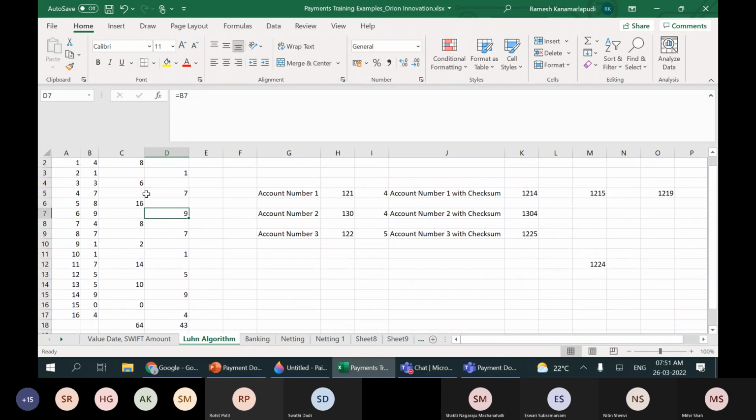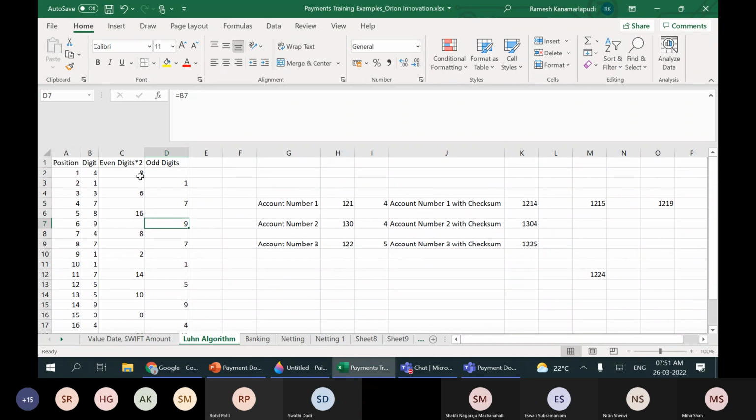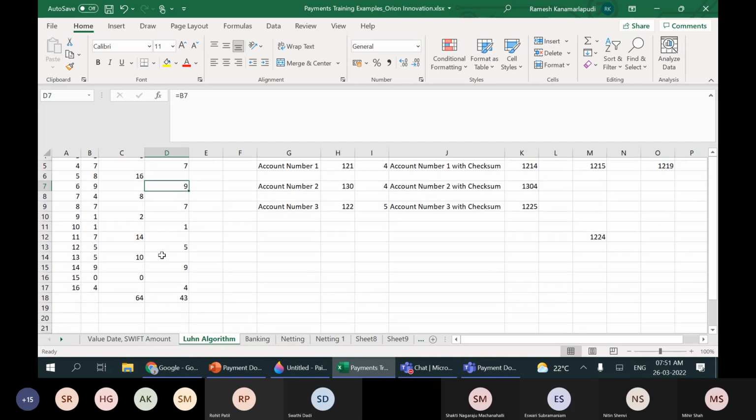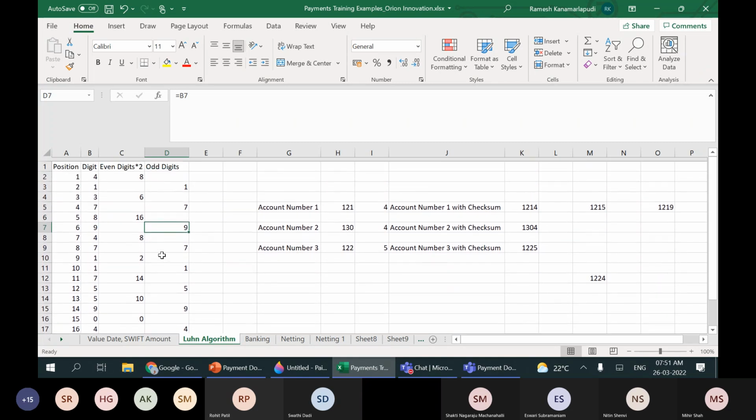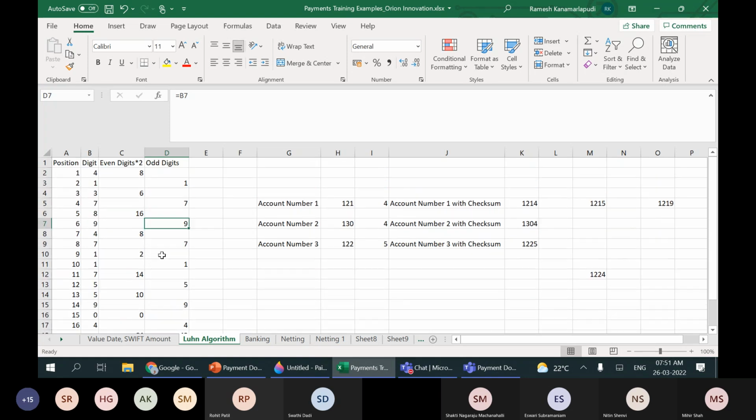If I take some of these, 1 plus 6 would become 7. After that, what we need to do is take the sum of all the digits in the second place.